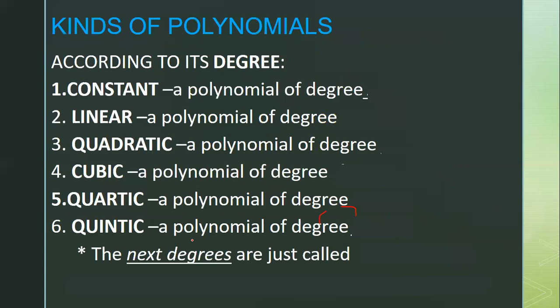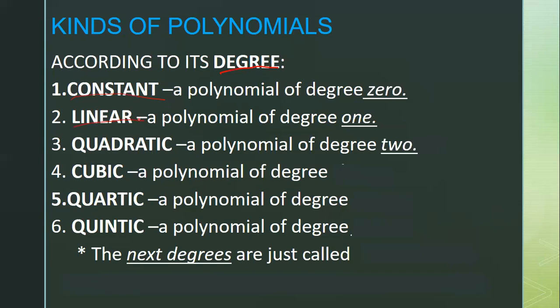Now, the special name of a polynomial according to its degree. If a polynomial has degree 0, it is constant. Polynomial of degree 1 is called linear.